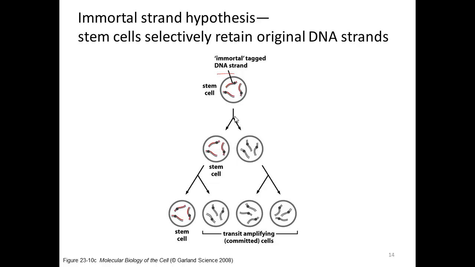Here you can see there's a cell division, and in normal cells dividing, it would be a 50-50 chance about which cell gets the original one and which cell gets the copy. After multiple rounds of replication, stem cells have the ability to hang on to the original template strand, always passing off the replicated strands to differentiated cells.